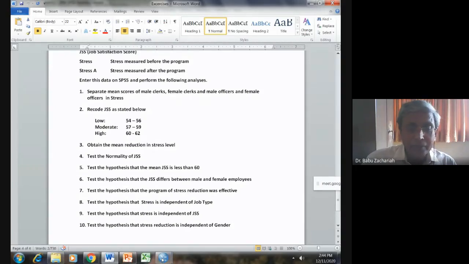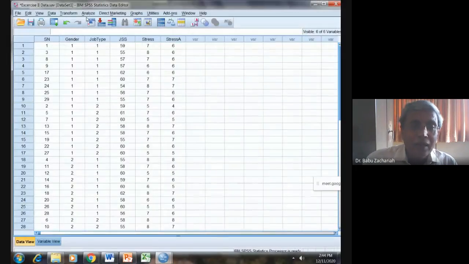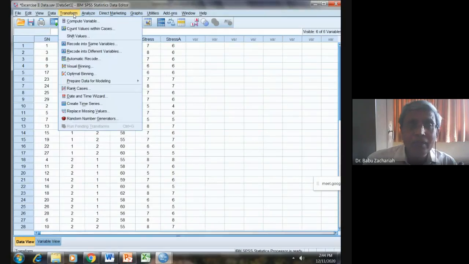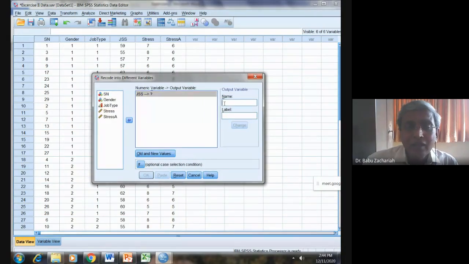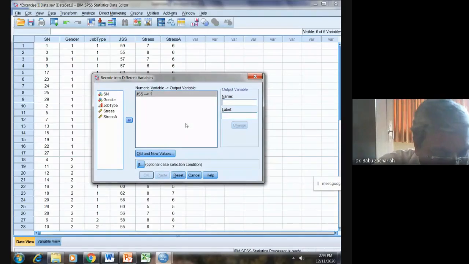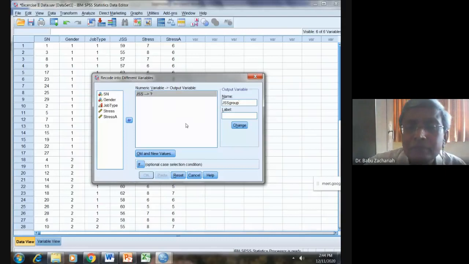So we'll go there. It is in transform, record into different variable. The data is JSS. Here we will say JSS group. Okay, change.